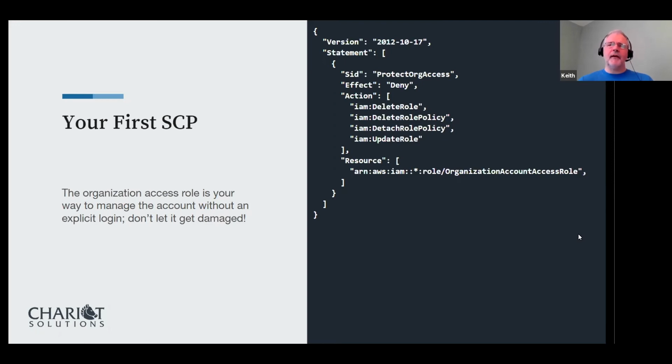But if I did that and added in a new account, now that access role wouldn't be protected for the new account. So I simply use a wildcard for the account portion of the ARN. And now I know that whatever account I add into an OU, organizational unit, that has this SCP attached, it's going to be protected. And we attach this SCP to both our workshop accounts and our sandbox accounts.